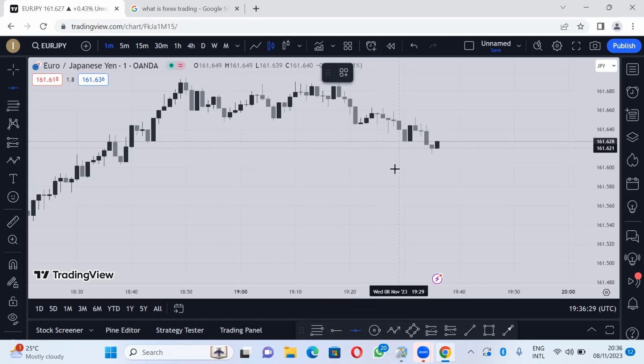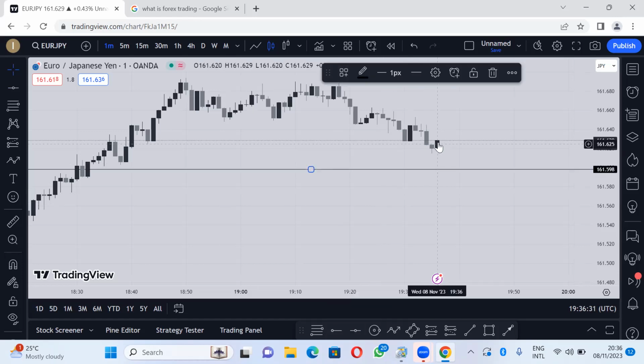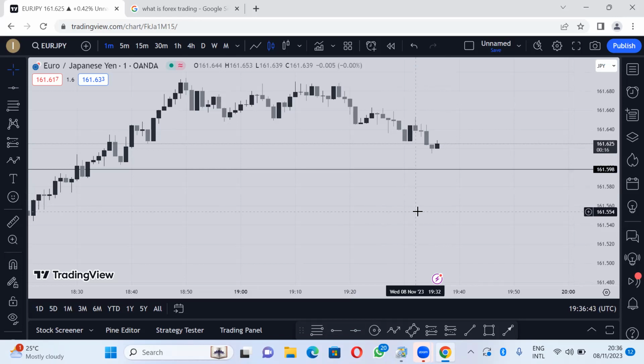No matter what, if price keeps coming down, I want price to go up, but for some reason, price starts coming down and gets to this line. Please close the trade for me and take whatever losses I have made. That is stop loss. You are stopping the loss at a particular place. You don't want it to get beyond that place. That's stop loss. It is very important in trading.